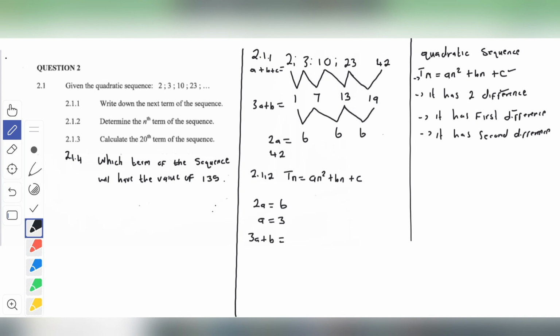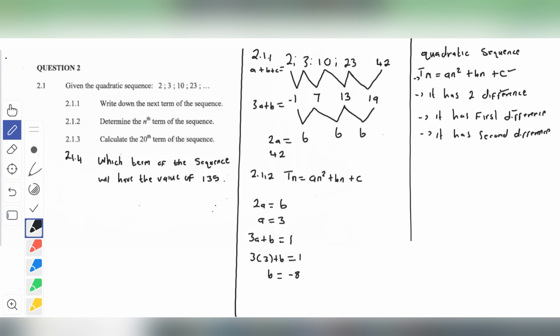And when we check here, what is the first value from the first difference? We can see that it's 1, right? So we're going to write 1 here. Then solve for b. Where we see a, we're going to plug in that 3. 3 plus b equals 1. Our b is going to give us negative 8, right?